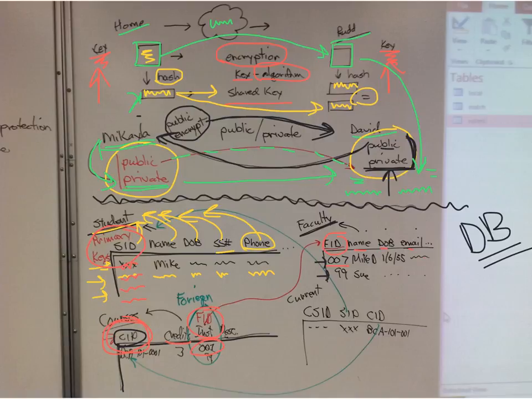So for example, if I change my address, I only need to change it here. I don't have to change it down here in this table. Description of the course and so forth. So again, we have records, attributes or fields, all defining this entity, courses.